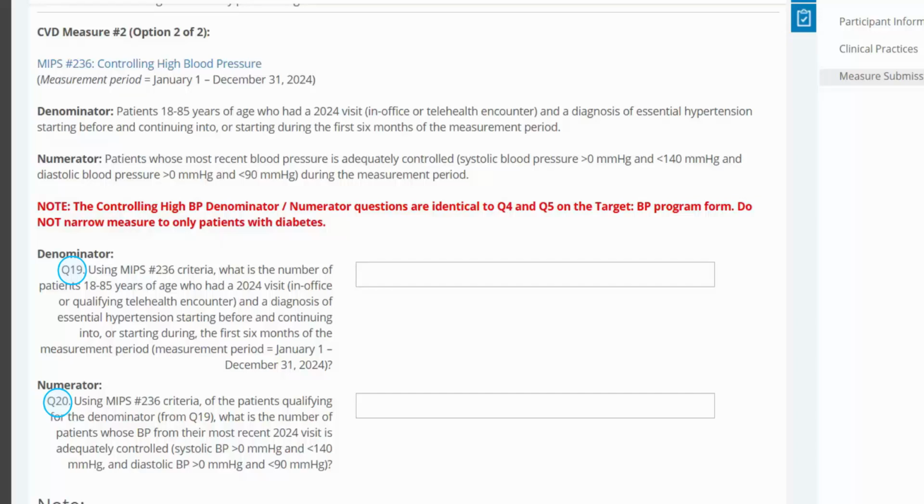For full details on this measure, check out our video on how to submit data for Target BP. Remember, I can leave this blank only because I submitted data for the first of these two CVD measures. To complete your data submission, make sure you filled in both fields for the diabetes measure and fields for one of the cardiovascular disease measures or both.